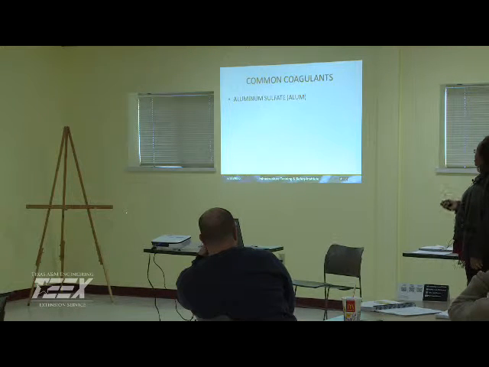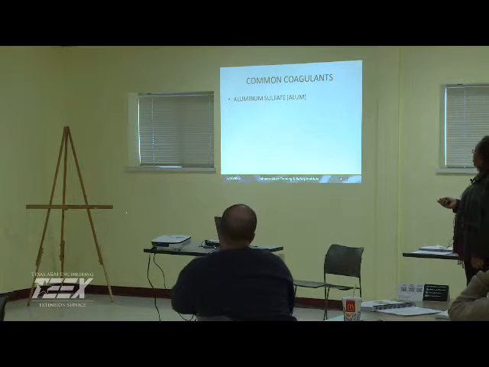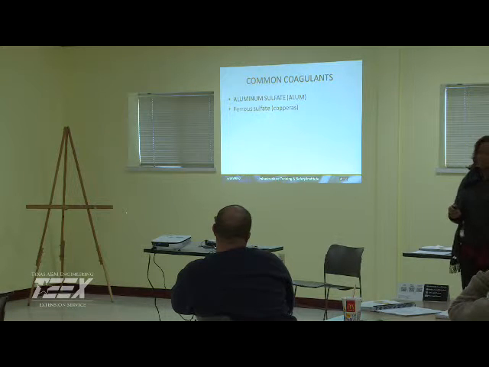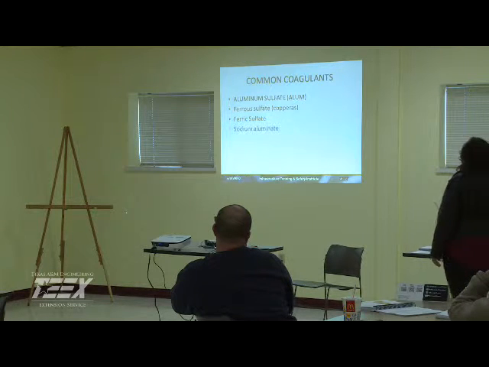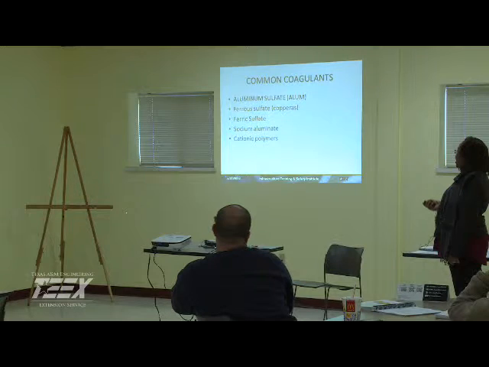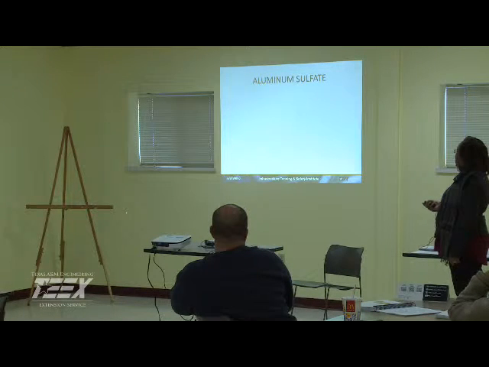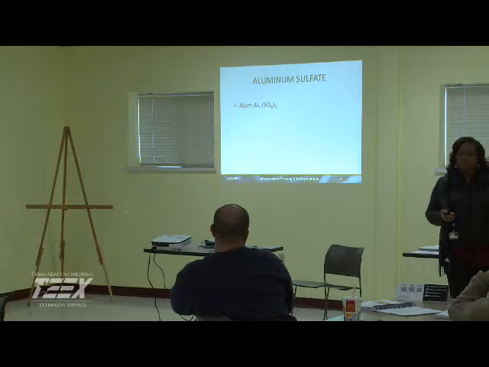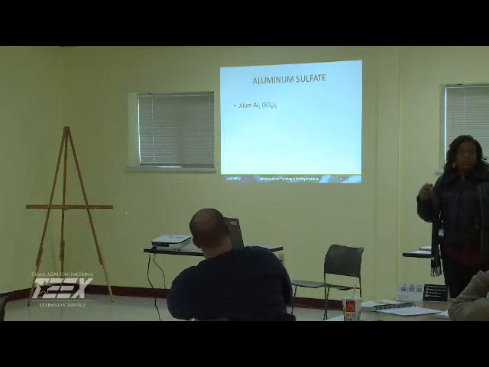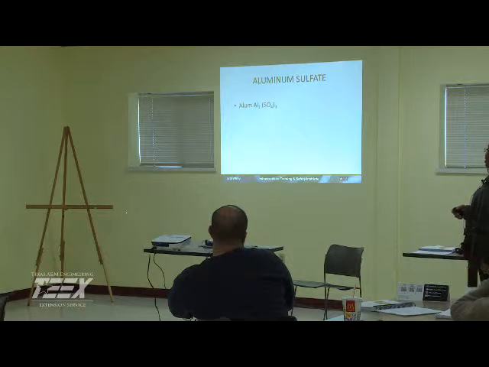Common coagulants that are used are aluminum sulfate, which is commonly known as alum. We have the ferrous sulfates, or the coppers, ferric sulfate, sodium aluminate, and cationic polymers can be used also. And then there are also coagulant aids that are typically used.